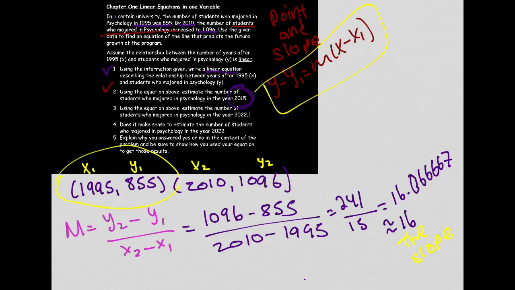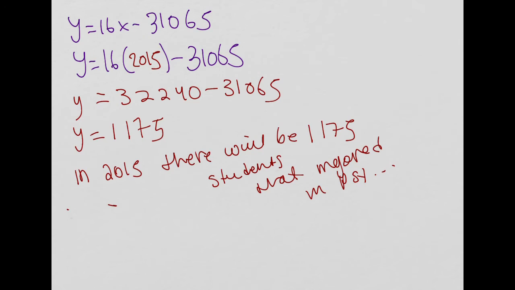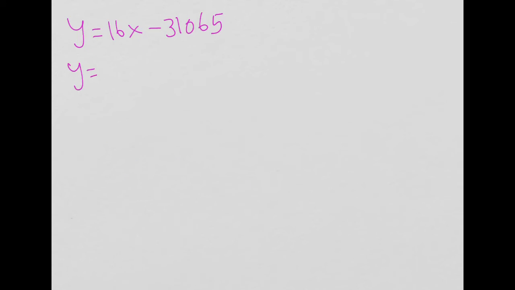Using the equation above, estimate the number of students who major in psychology in 2022. All right, let's continue. So we're going to do the same, but now it's going to be in 2022. So 31,065. Perfect. Go ahead and substitute that value, 2022.